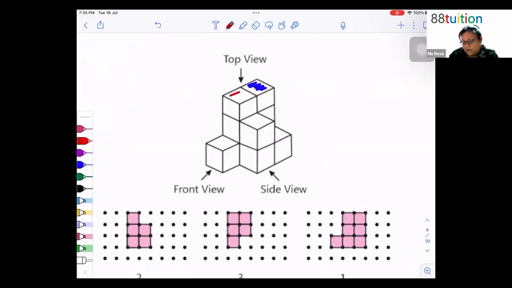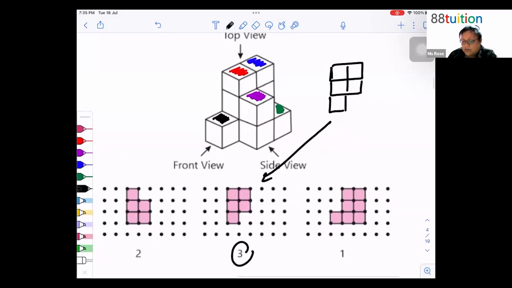That's 1, 2, 3, 4, which is over here. And one more, which is this one. So if I were to draw, it is just like that, followed by 1, which is number 3.